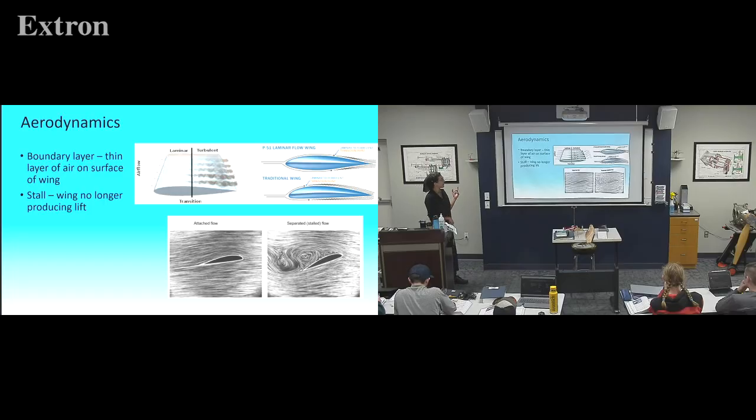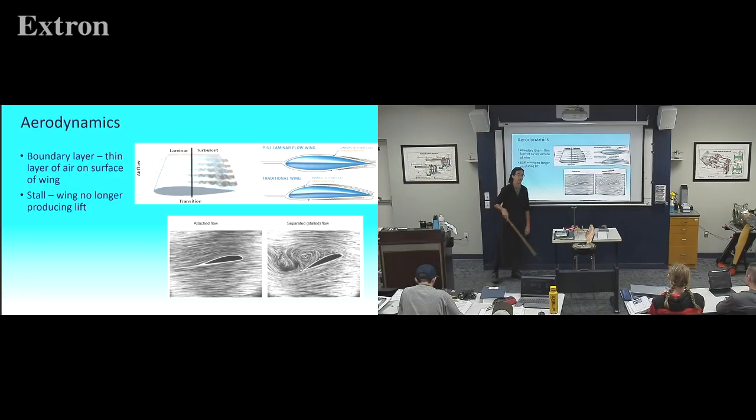And viscosity helps cause the air to stick to the wing and flow smoothly. A smooth flow is called laminar flow. So we like laminar flow because that's smooth, gives super good lift.